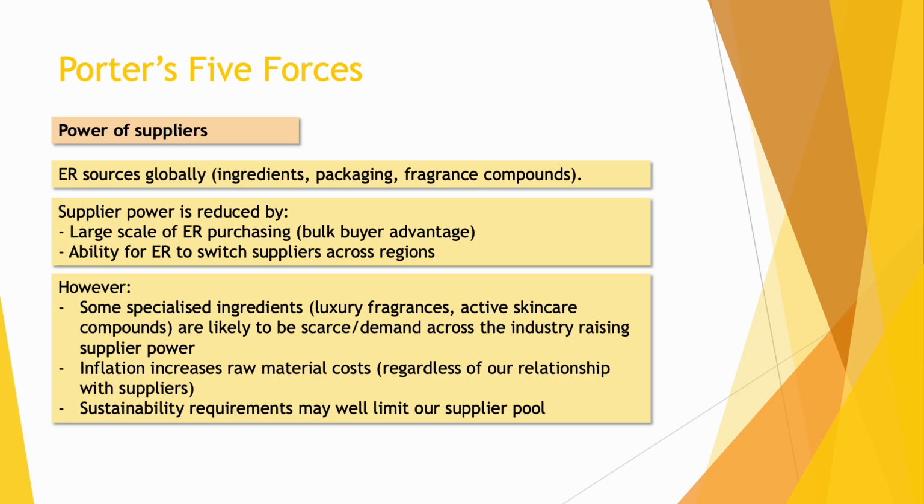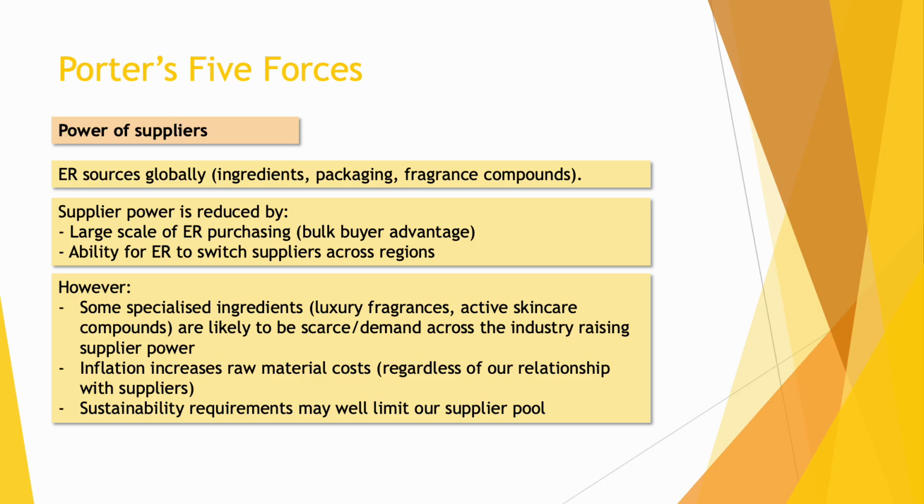It's worth noting that actually there is quite a bit of inflation mentioned in the scenario. So that's going to increase our raw material costs regardless of our relationship with suppliers. And also, don't forget, we do have this big push for sustainability and ethics. That might limit our supplier pool a little bit.